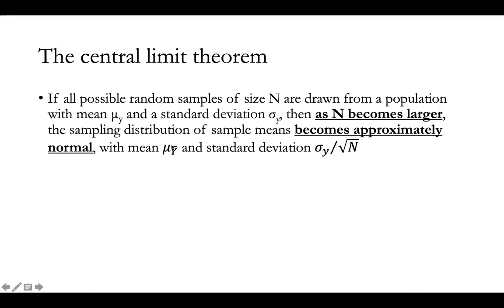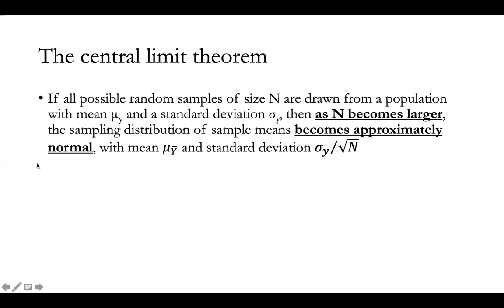The last topic we need to talk about is the central limit theorem here in chapter 6. If all possible random samples of size n are drawn from a population with a mean of mu and a standard deviation of sigma, then as n becomes larger, the sampling distribution of the sample means becomes approximately normal, with a mean of mu sub y bar and a standard deviation of sigma divided by the square root of n.